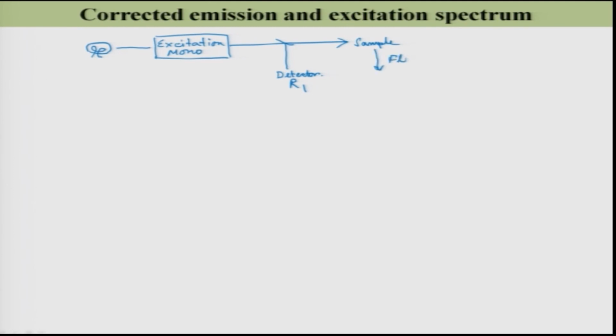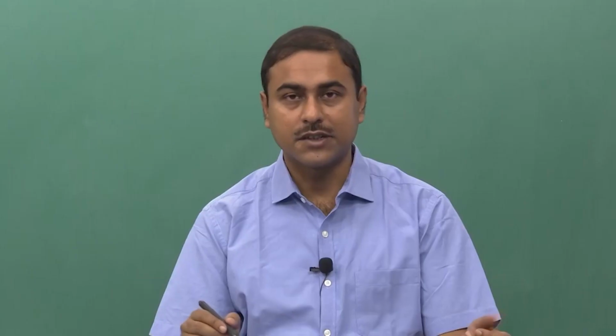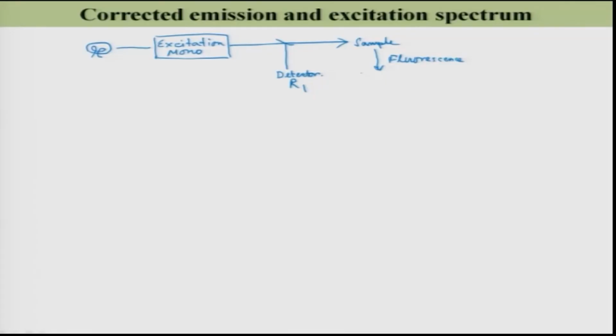So, here is your fluorescence, and I have the emission monochromator over here, because you need to disperse the fluorescence to measure the intensity of each and every wavelength out of it. The selected wavelength out of this emission monochromator is directed to the S1 detector.